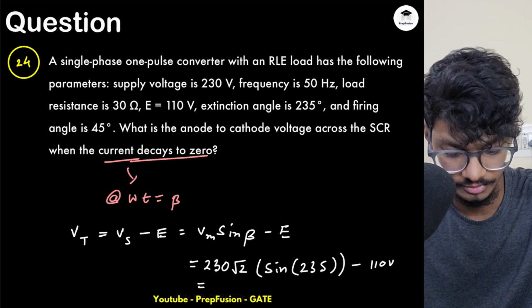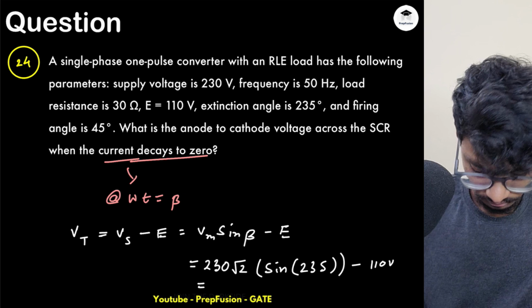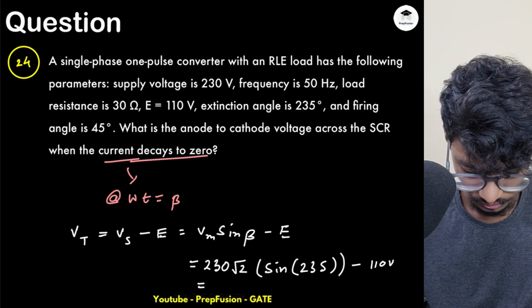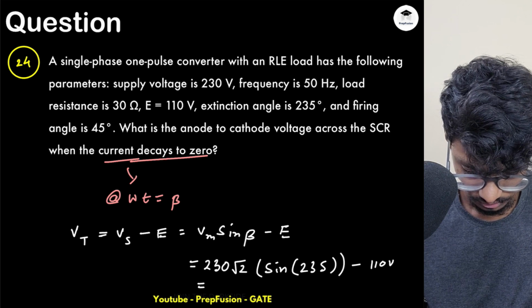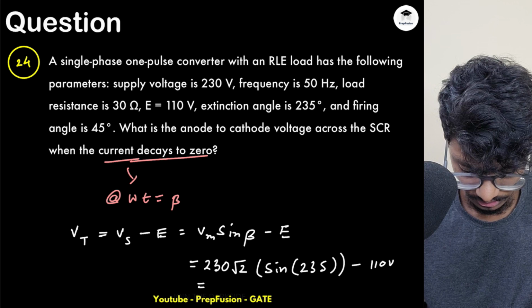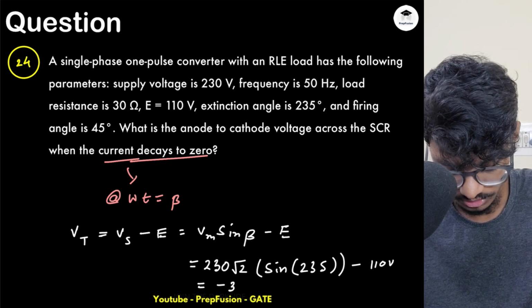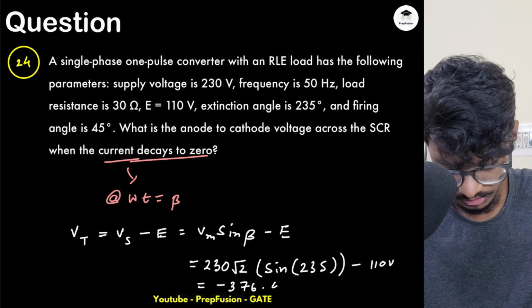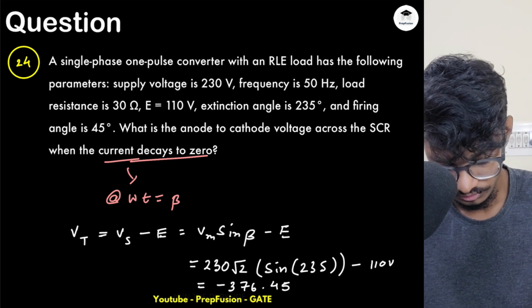So I will just compute this. What will be this value? 230 into root 2 into sine 235 minus 110 volts. So it is minus 376.45, almost minus 376.45 volts. Okay.